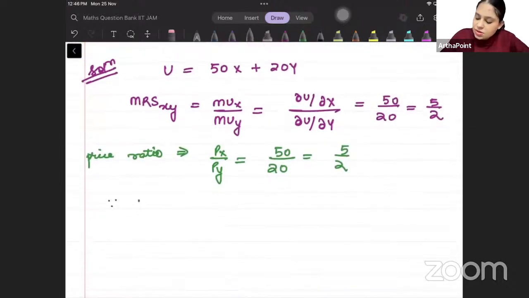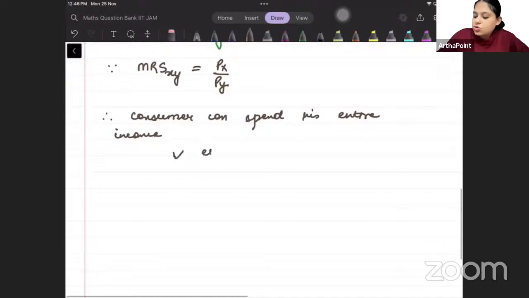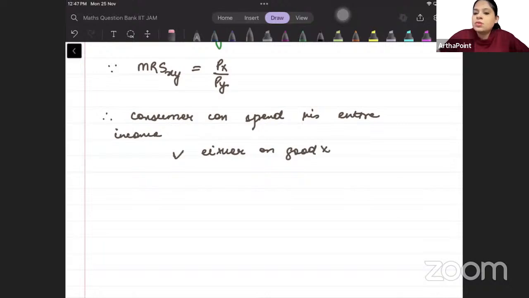Since MRS is equal to the price ratio, therefore the consumer can spend his entire income either on good X, which means X star will be M by PX, Y star will be 0.